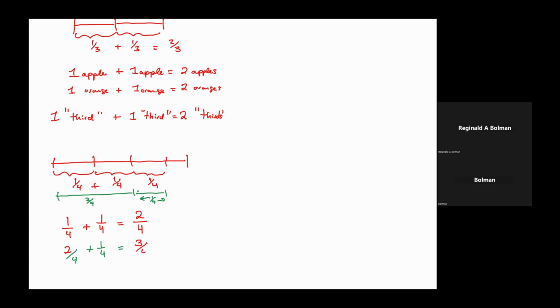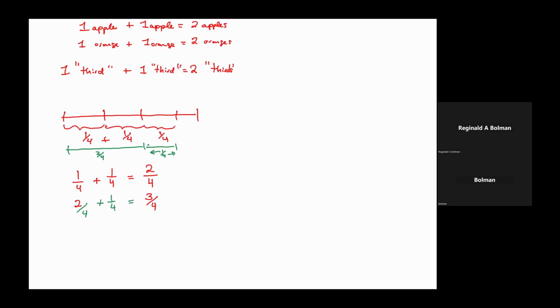Because you already had 2 pieces of 4 earlier, so if you took another piece of 4 and you stacked it with 2 pieces of 4, you should now have 3 pieces of 4. And naturally, if you took 3 pieces of 4 and you added another 1 piece of 4, and you asked yourself how much you have at that point, we would say we have 4 pieces of 4.